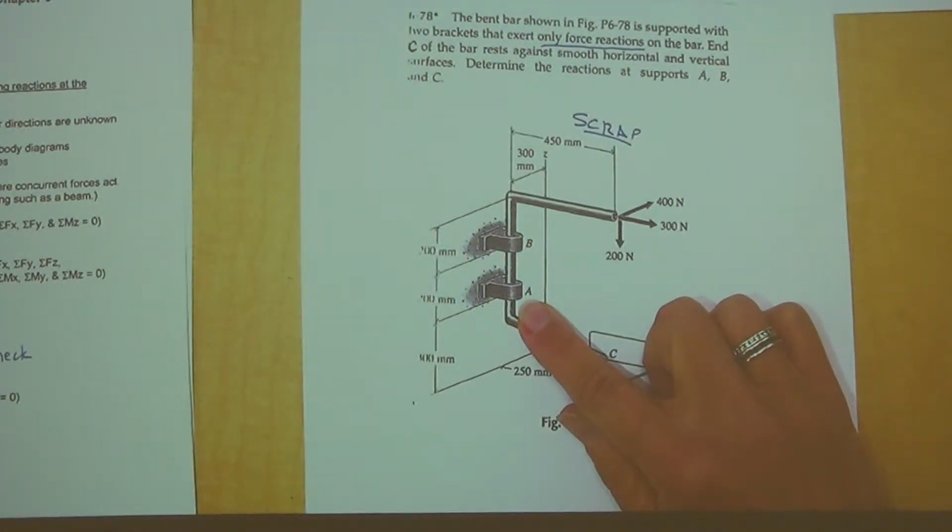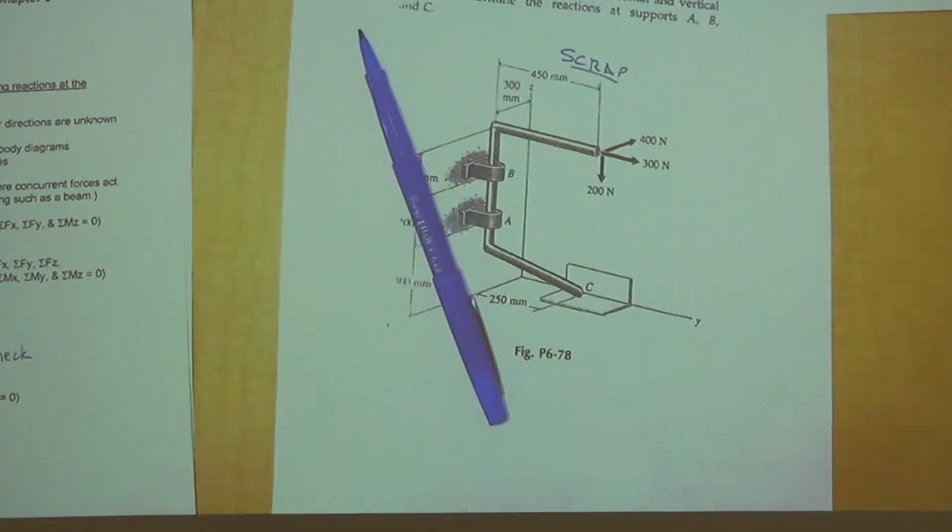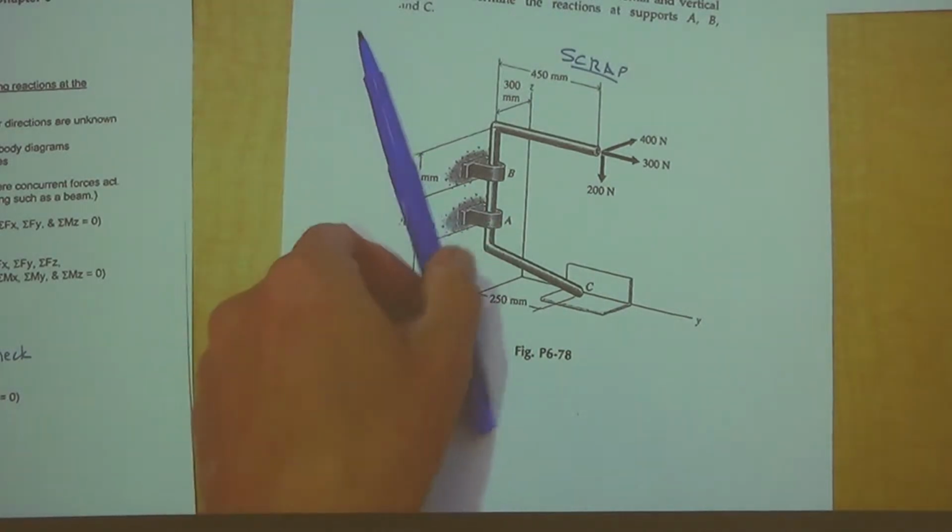Take a look at the ball bearing and the journal bearing, and you'll see that the journal bearing locks it in so it can't rotate. But the ball bearing is a journal bearing with a line of balls, and it allows it to rotate like this, slightly, so that it only resists the force.